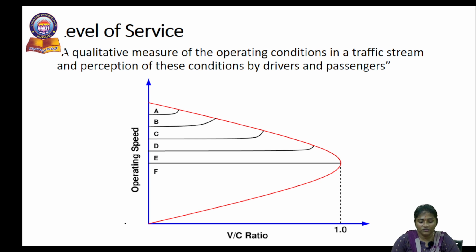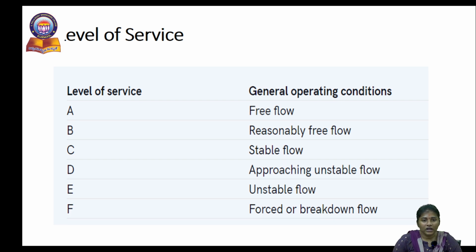Level of service varies from A to F, that is 6 categories: A, B, C, D, E and F. Level of service A indicates free flow condition, B indicates reasonably free flow condition, C indicates starting point of stable flow, D indicates approaching unstable flow, E indicates unstable flow, and finally level of service F indicates forced or breakdown flow condition. So these are the 6 levels of service, a qualitative measure of traffic facilities, A to F.